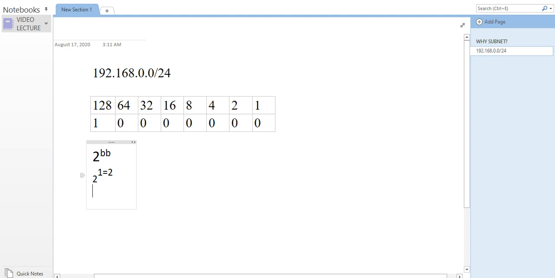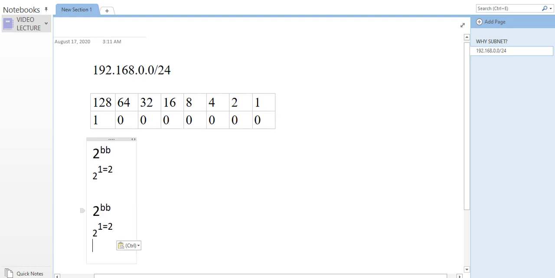Now the next thing is, how do we get the number of hosts per subnet? So the formula for that one, let me bring that down so you can deal with our formulas. To get the number of subnets, the formula is 2 to the power of bits borrowed, and to get the number of hosts per subnet, we say 2 to the power of remaining bits.